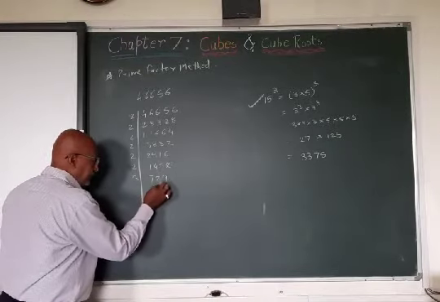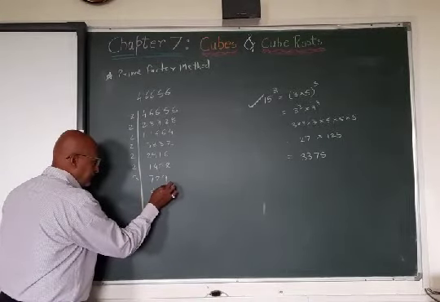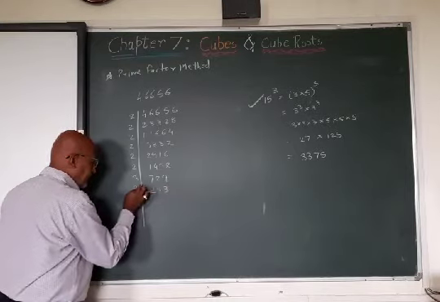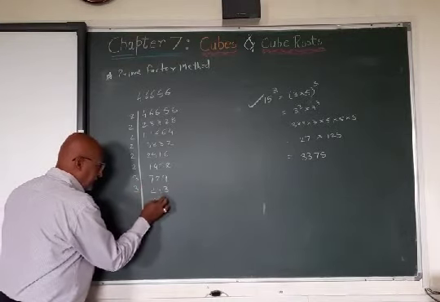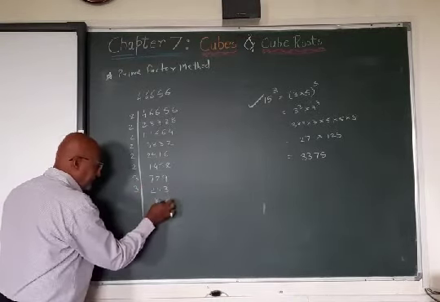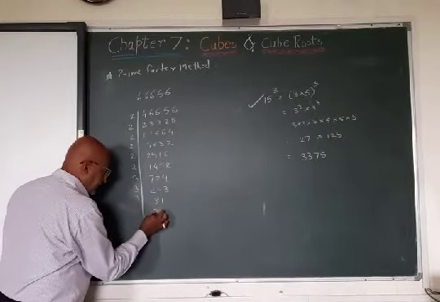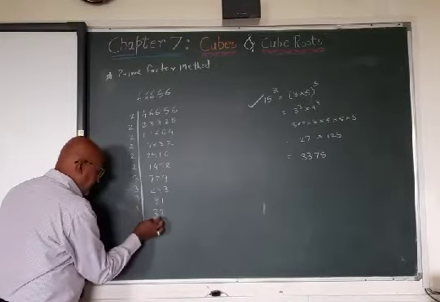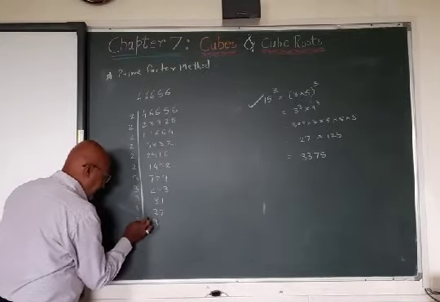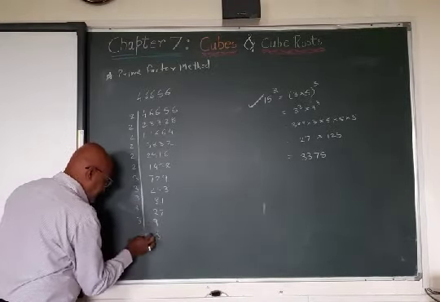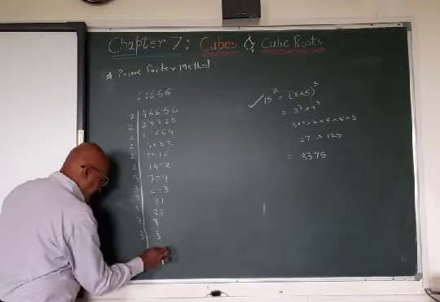3 2s are 6, 3 4s are 12, 3 3s are 9. Again 3, 3 8s are 24. Again 3, it comes 27. 3, 9, 3, 3, 3, and 1.